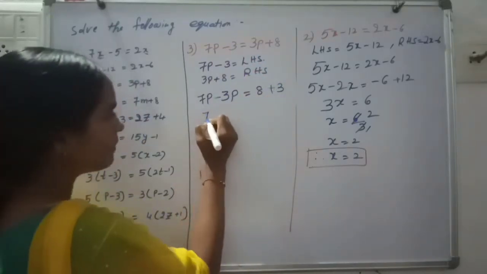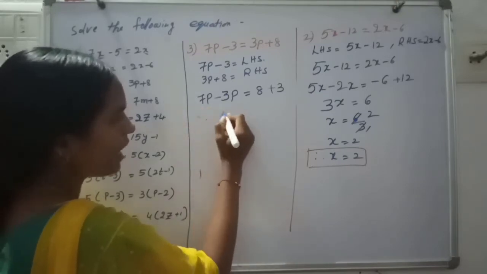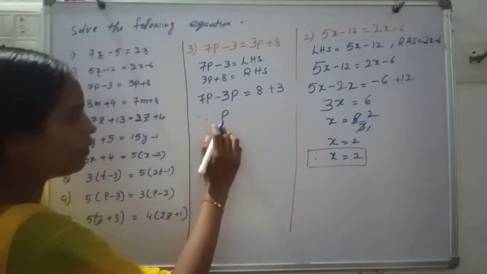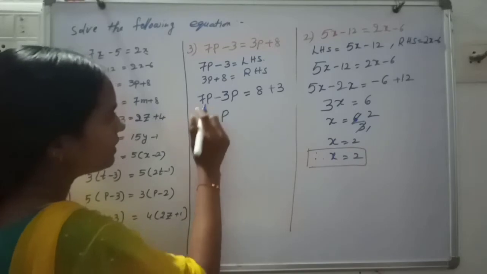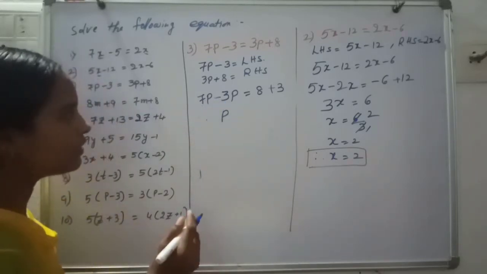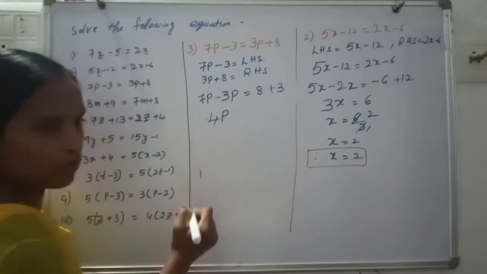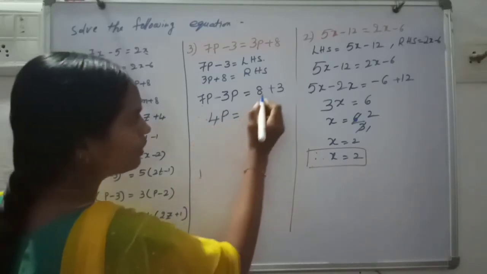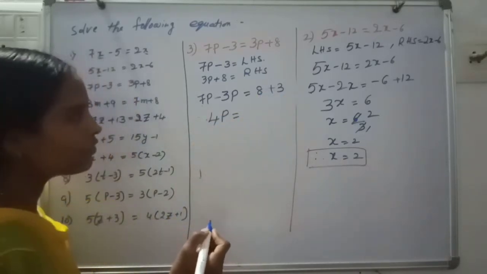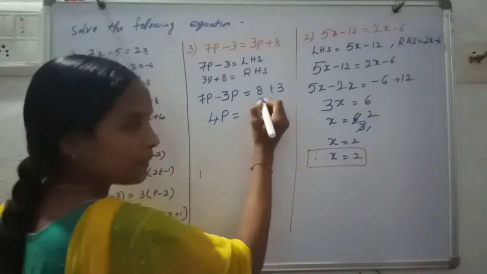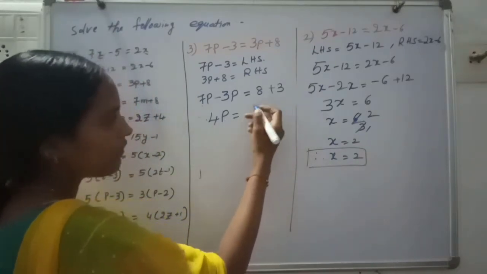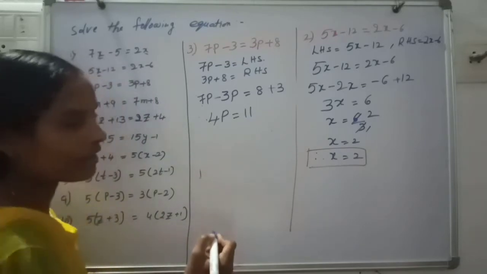Okay, 7p minus 3p, I am writing the p variable. Next 7 minus 3, what is this value? 4. 4p equal to 8 plus 3. What value is coming here? 8 plus 3 is 11.